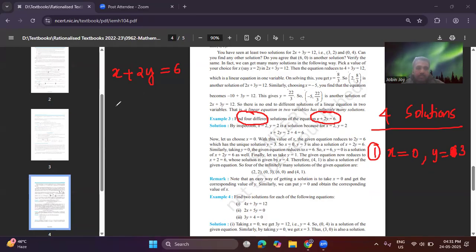So x equal to 0 means 0 plus 2 into y, where y is 3. So 0 plus 2 into 3 is 6. So 0 plus 6 equal to 6.